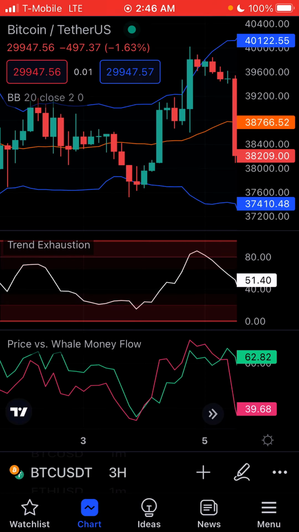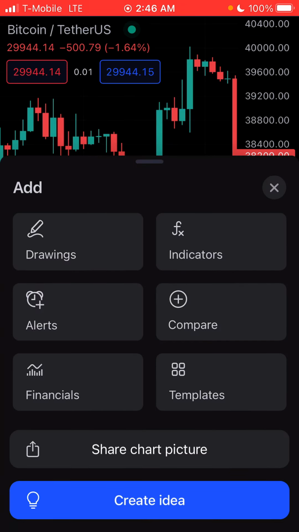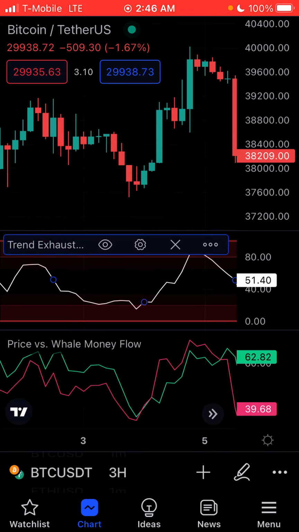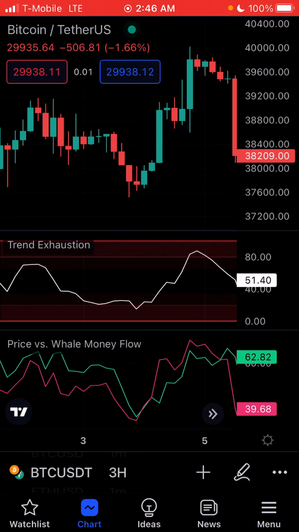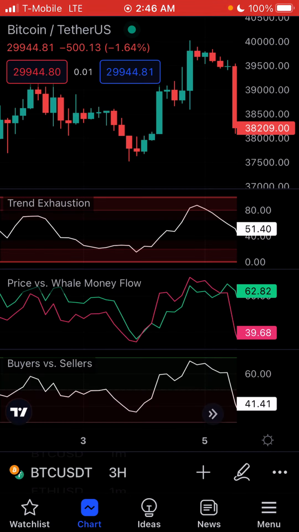Okay, so let me get rid of my Bollinger Bands real quick. Let's see which ones I got. I got trend exhaustion, trend exhaustion and price, trend exhaustion, buyers and sellers. Okay, so I got all three of them.